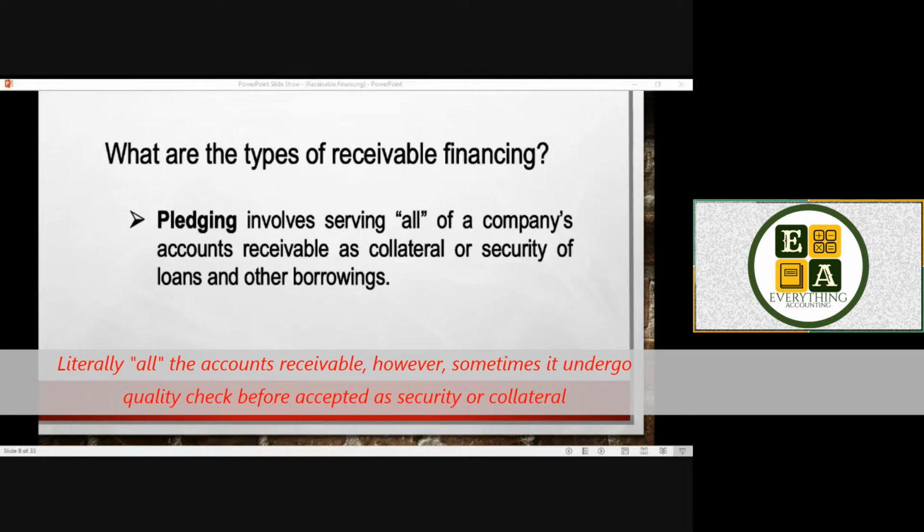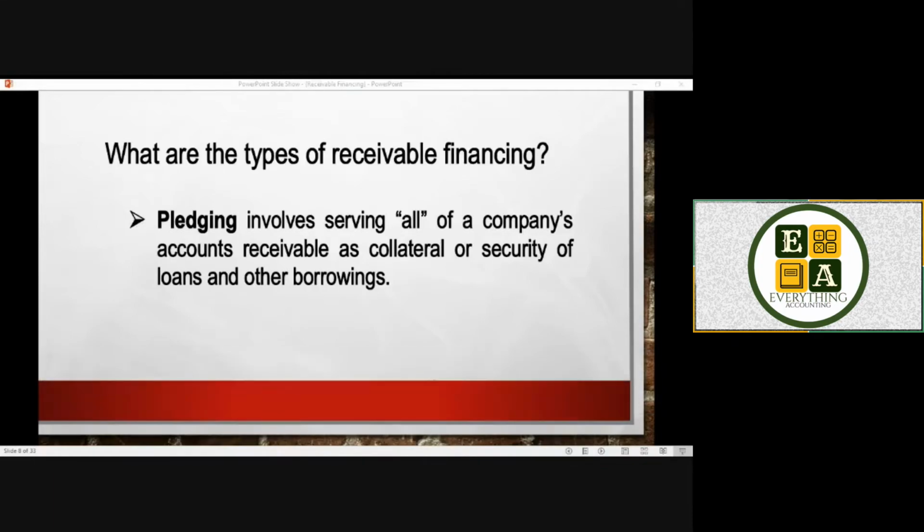So pledging all of its receivable as collateral or security. It does not regard the amount of the loan as long as all of its receivable will be served.